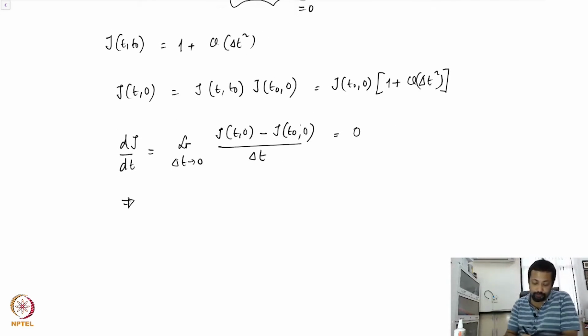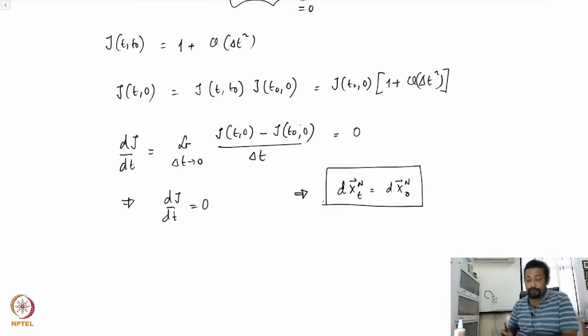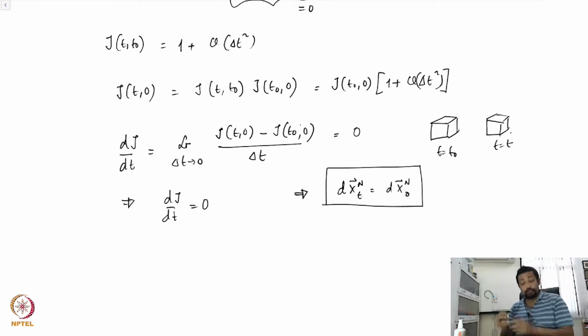Therefore, it follows that dJ dt is going to be 0, which would imply that d of xn comma t is going to be d of xn comma 0. Therefore, the volume element that you considered at t equal to t naught and at t equal to t are the same. So the volume is preserved.